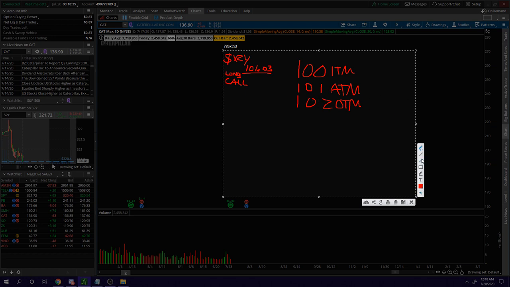Your at the money contracts will be median price, and your in the money contracts will always be more expensive because they have intrinsic value, which is a fancy way of saying that they will expire with value, not worthless. Extrinsic value is kind of the opposite. Extrinsic value is your theta, your time crunch, and out of the money.